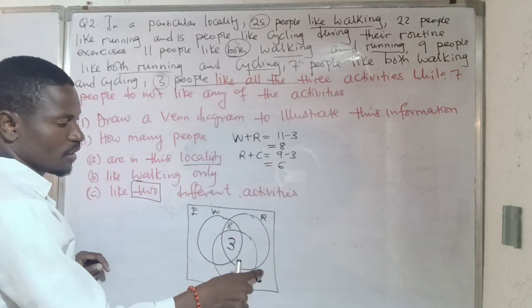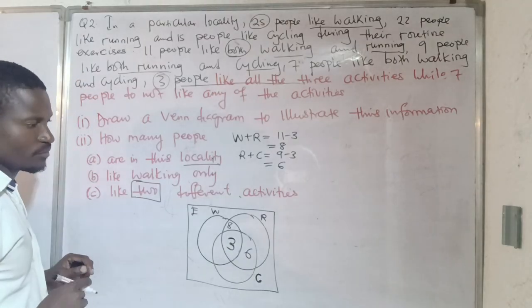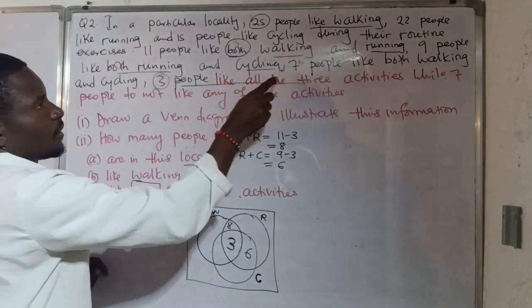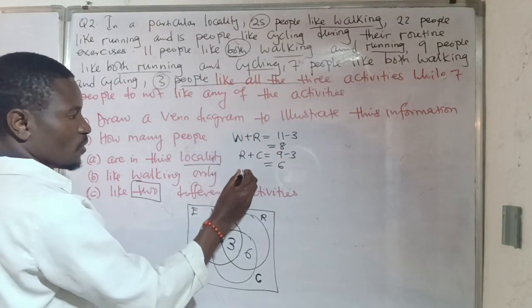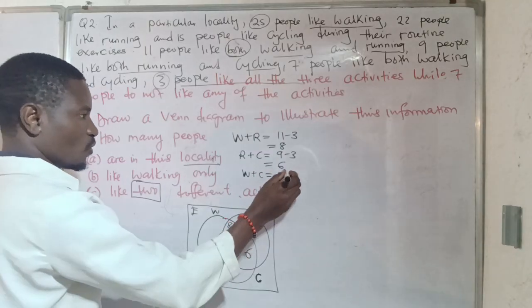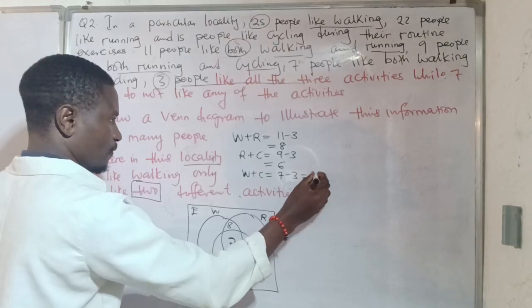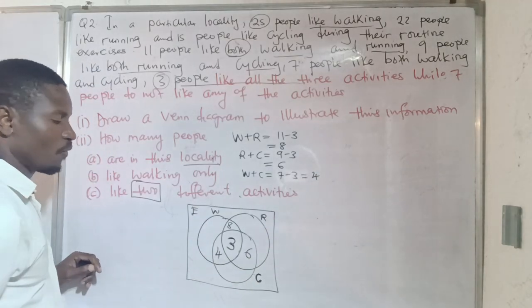So the running and cycling intersection will be 6. And then 7 people like both walking and cycling. So walking plus cycling equals 7. You remove 3, you remain with 4. So walking and cycling is going to be 4.